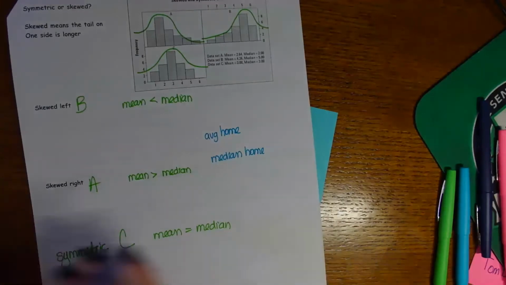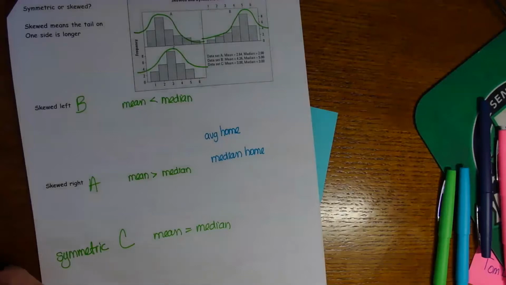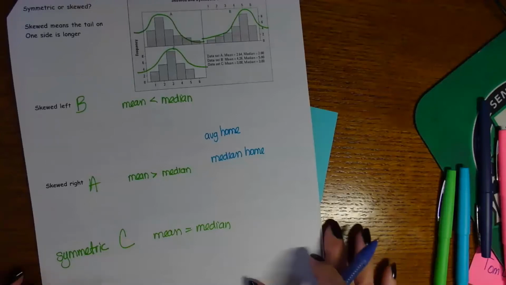What's average? We just looked it up last block. Anybody find it? Did y'all find the average home price here? Is it 823,000?